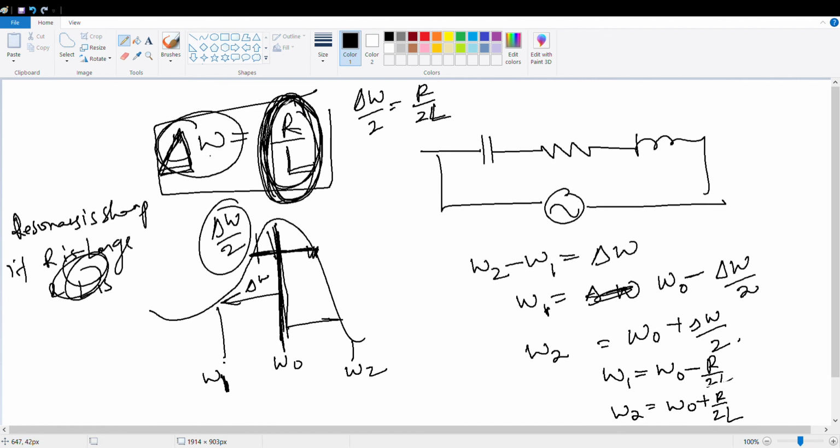How do we make this quantity smaller? When your R becomes small and your L is large. Am I correct? So you should use your resistor and inductor in such a way that R by L is smallest. Then your delta W will be least. Is it clear?